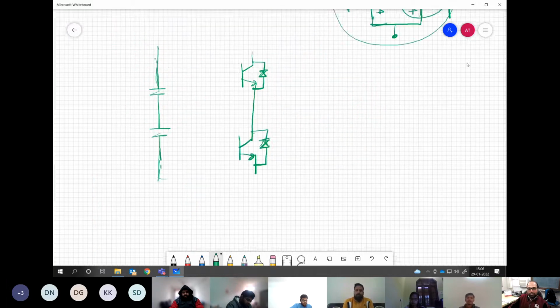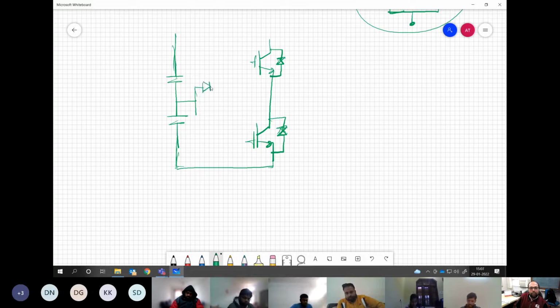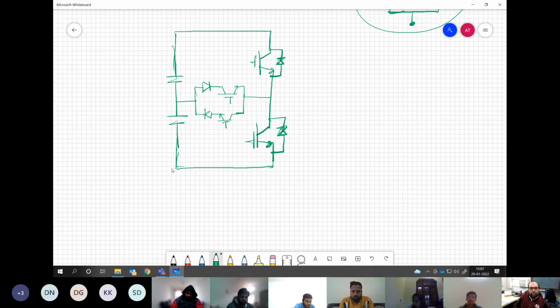Okay. Now we have some connection or some schematic for the 3-level voltage source converter, which is something like this, right?